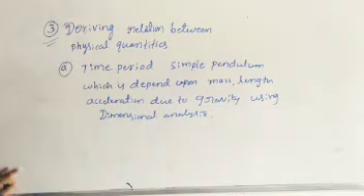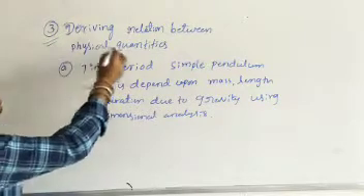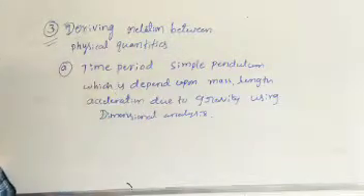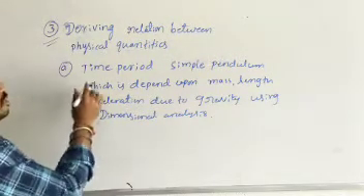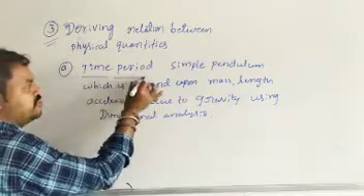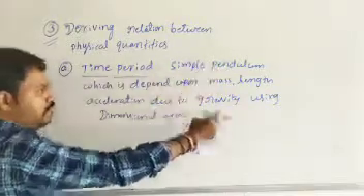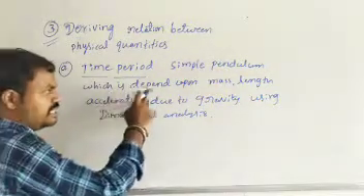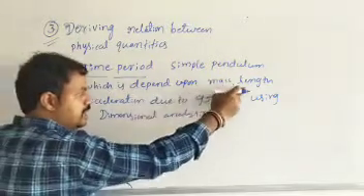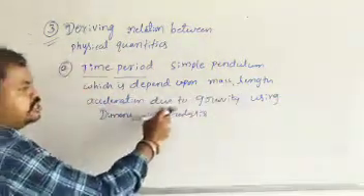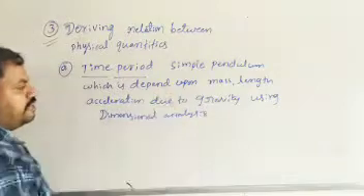So the third application is deriving the relation between physical quantities. Now we are deriving the expression for the time period of a simple pendulum, which depends upon the mass, length and the acceleration due to gravity.